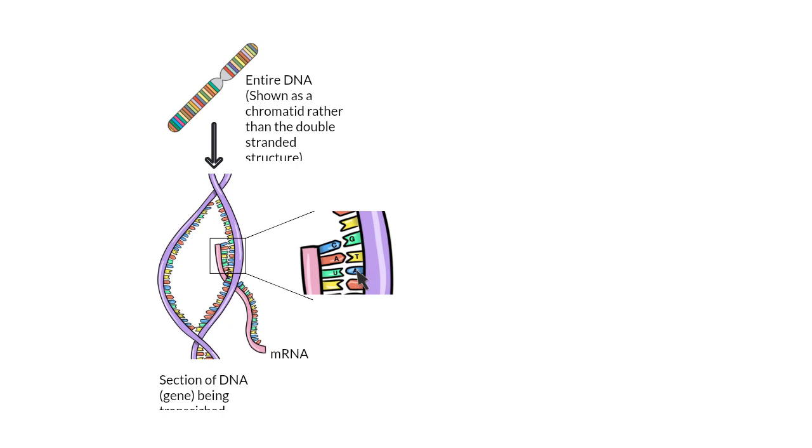Both this triplet code and this codon encode the same amino acid. For example, the triplet code ATG, which is adenine, thymine, guanine, on the DNA codes for the amino acid tyrosine. Its complementary codon, which would be UAC on the mRNA, will also code for tyrosine.